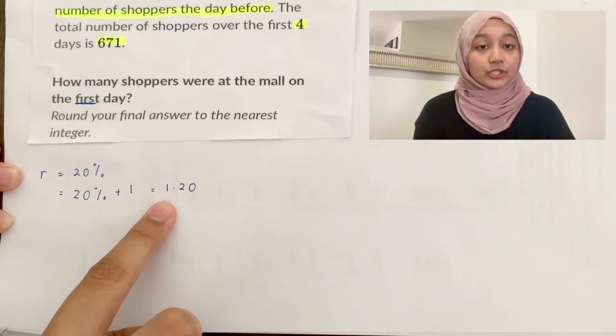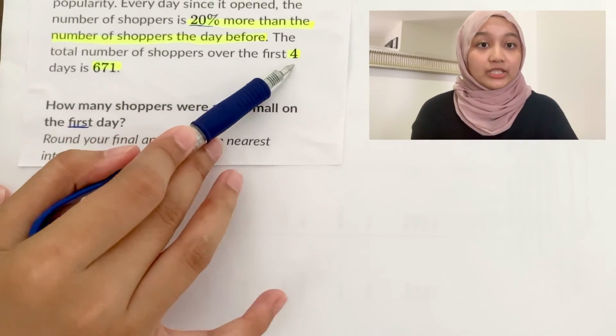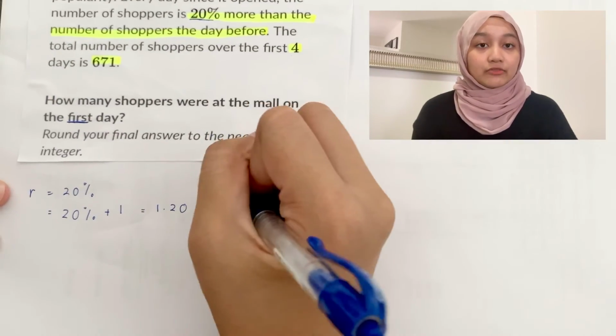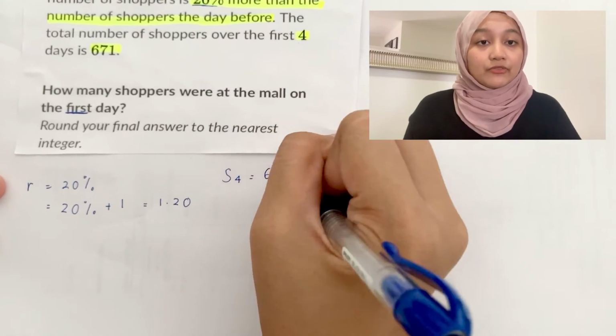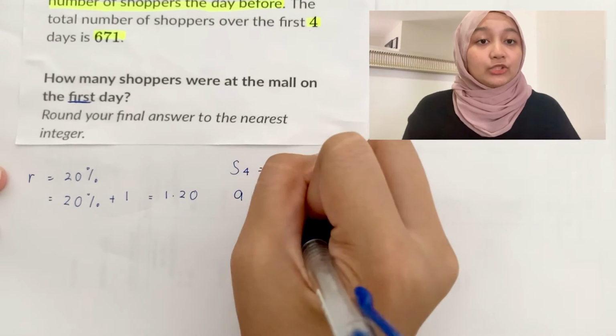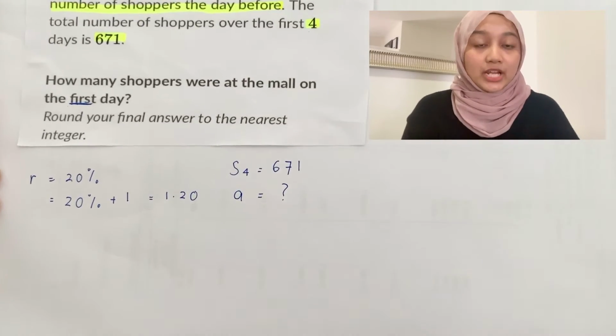So the common ratio is 1.20. Then the question also gives us the sum of the first 4 days, which is 671. So we write the sum of the first 4 terms is 671. And now we need to find a, which is the first term or first day.